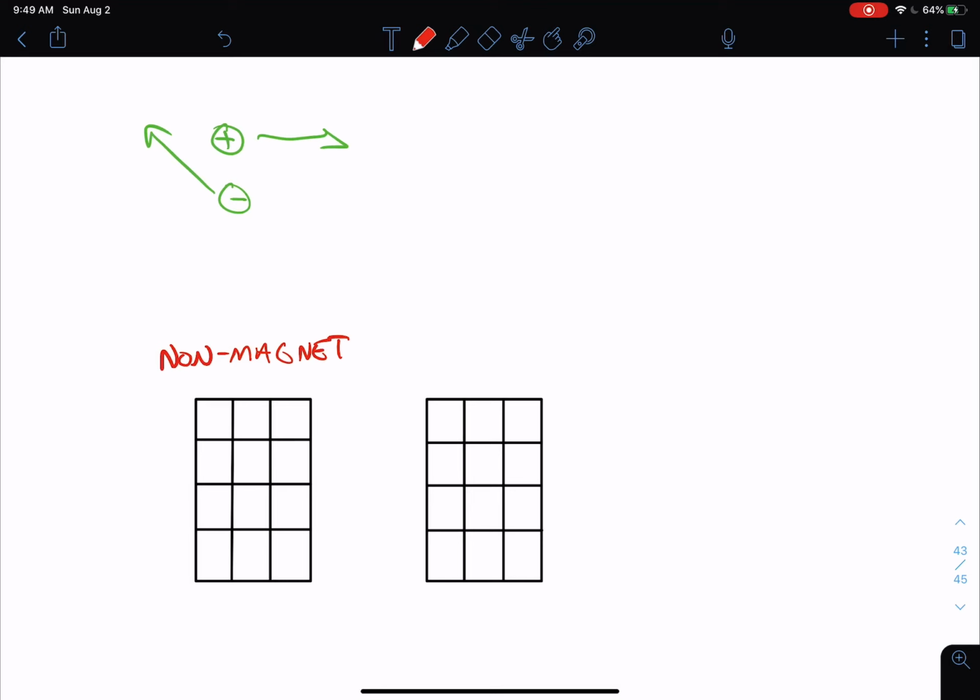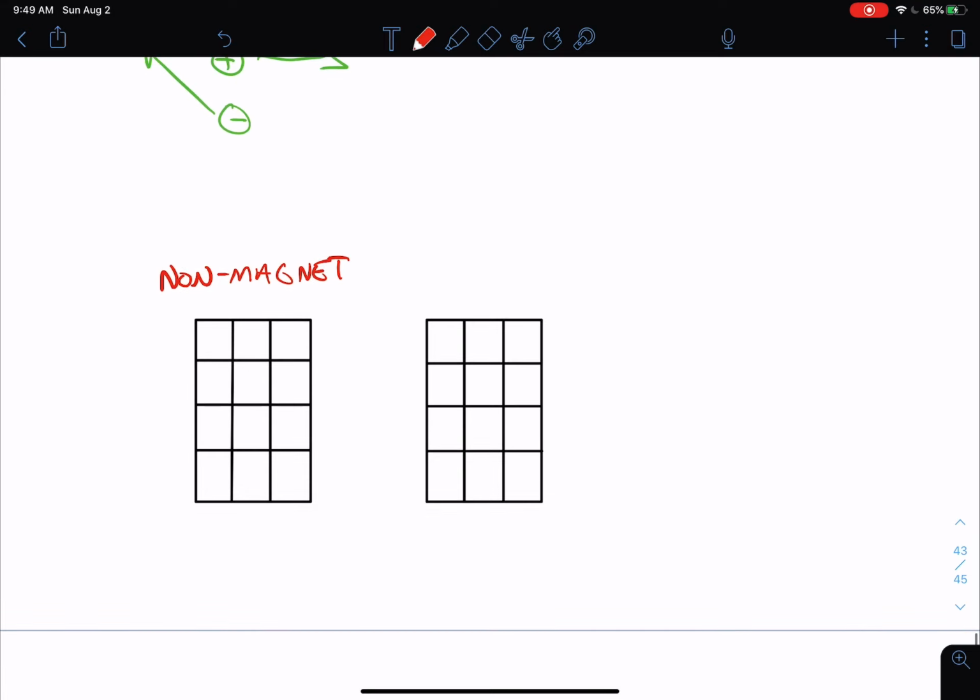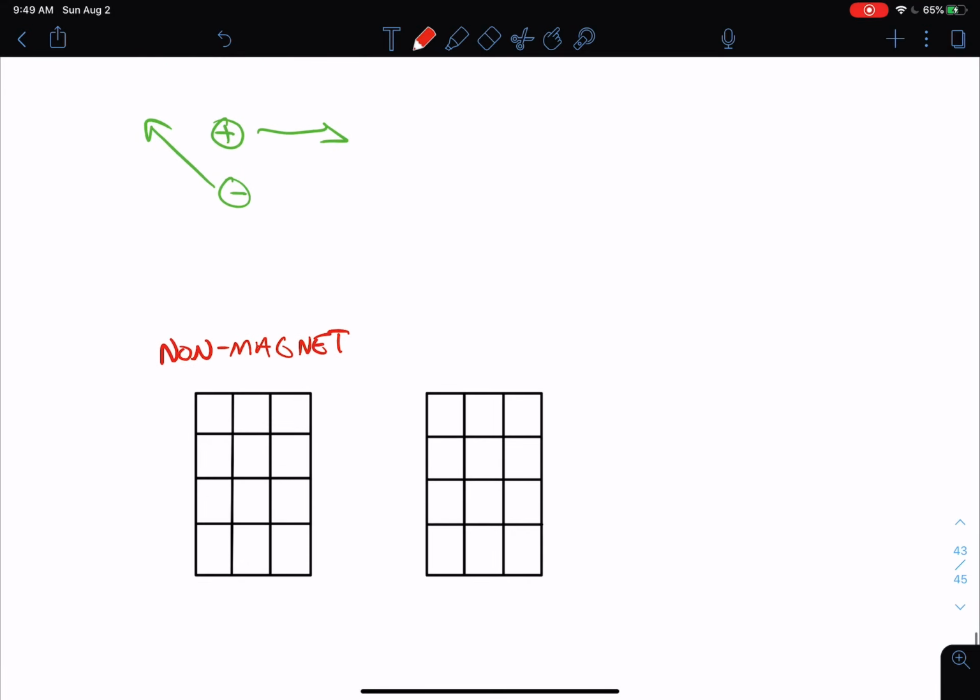Because the electrons are moving, they create a magnetic field, and that field has a direction for each atom or molecule. For this first atom, the magnetic field might be pointing in this direction. For this next one, it might be pointing that way. I'm just going to go through and draw a whole bunch.